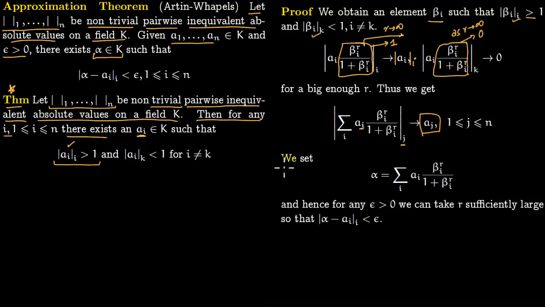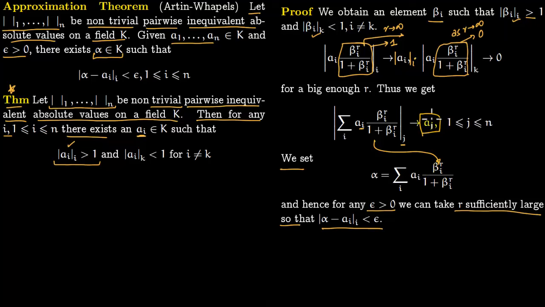Now it is easy to prove the theorem because you will just say alpha is equal to precisely this summation, because this will go to aj when these two indices match. So for any epsilon greater than 0, you take r sufficiently large so that alpha minus this is less than epsilon, precisely because these two indices are matching.